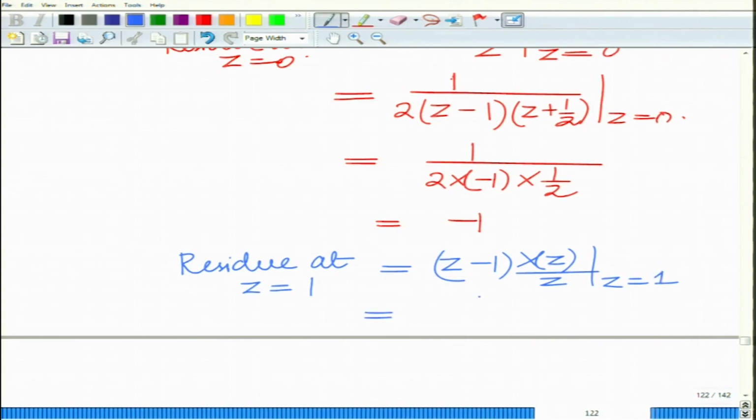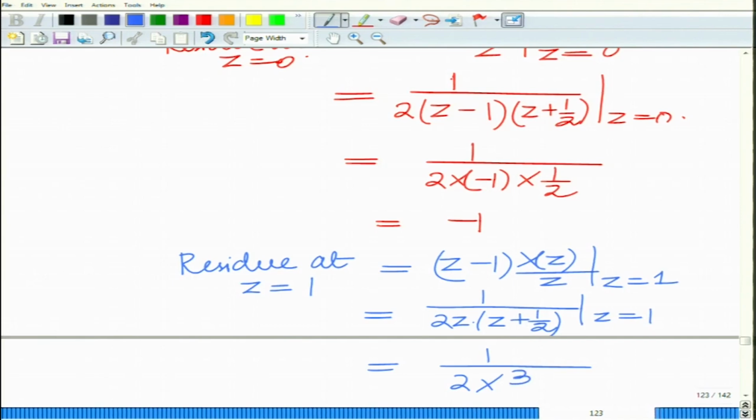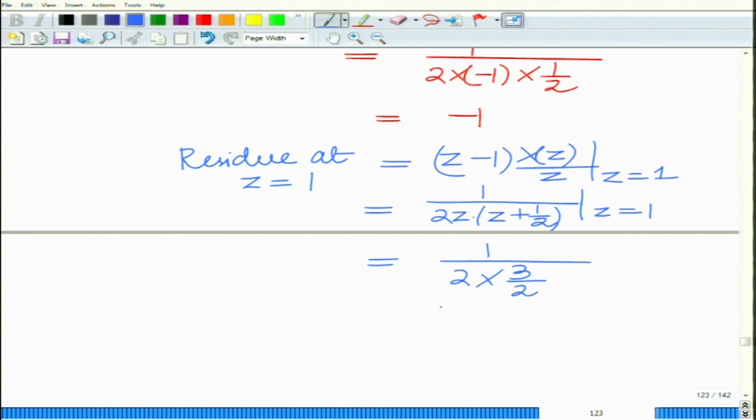So, this will be basically 1 over twice z into z plus half evaluated at z equal to 1. So, this is 1 over twice z, where z is 1, into z plus half, 3 by 2, that is 1 over 3. This is your residue at z equal to 1.